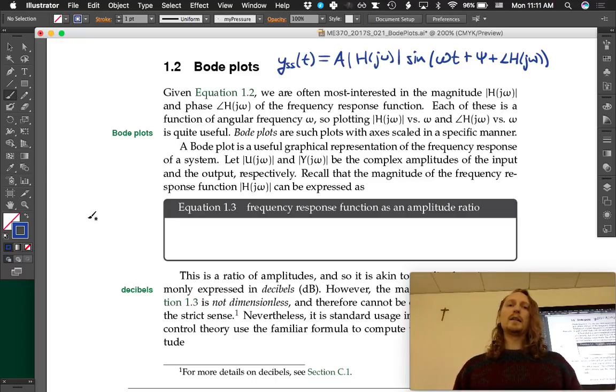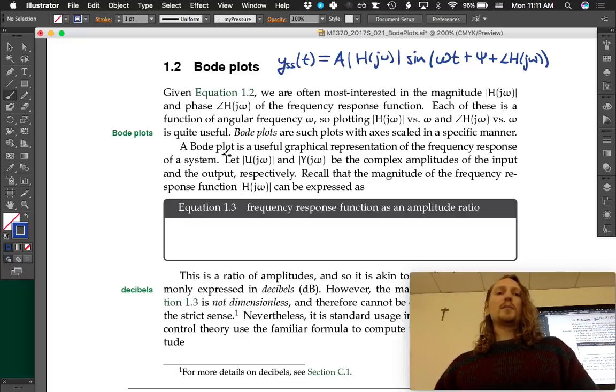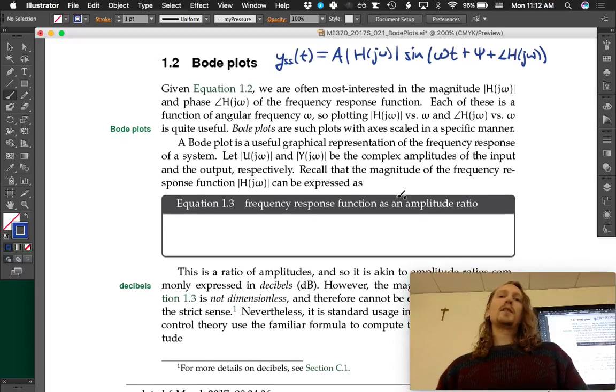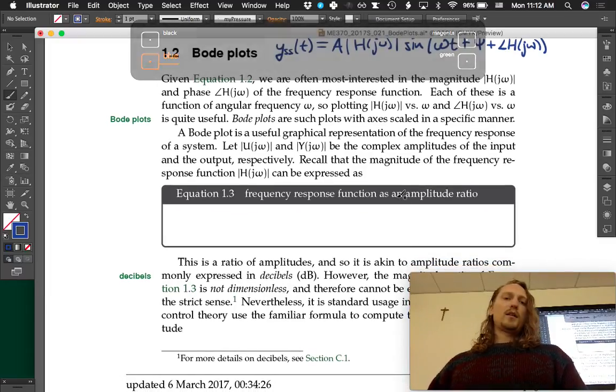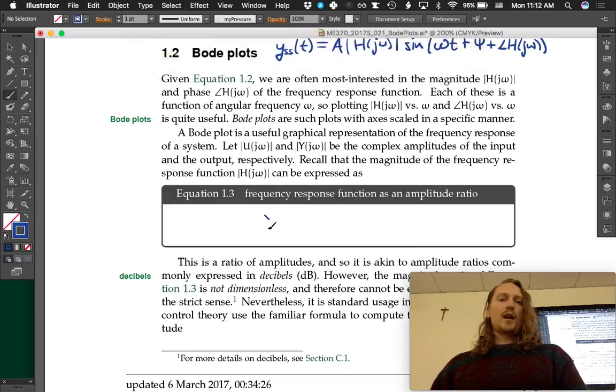So a Bode plot is a useful graphical representation of the frequency response of a system. Let the magnitude of u of j omega and the magnitude of y of j omega be the complex amplitudes of the input and the output, respectively, right? So we've dealt with these in the past. So recall that the magnitude of the frequency response function, h of j omega, can be expressed as magnitude of h of j omega is equal to, what is it in terms of this magnitude of y and the magnitude of u?